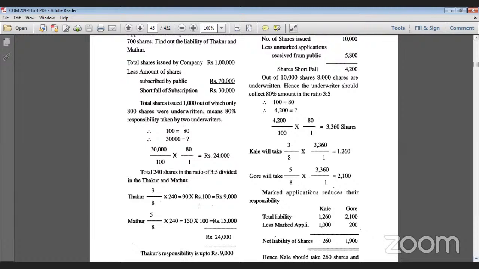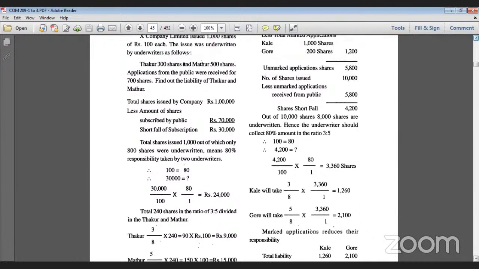So this will be divided in the ratio of 3 to 5 between Thakur and Mathur. It will be 9,000 and 15,000. So the total will be 24,000. Thakur's responsibility is up to 9,000.